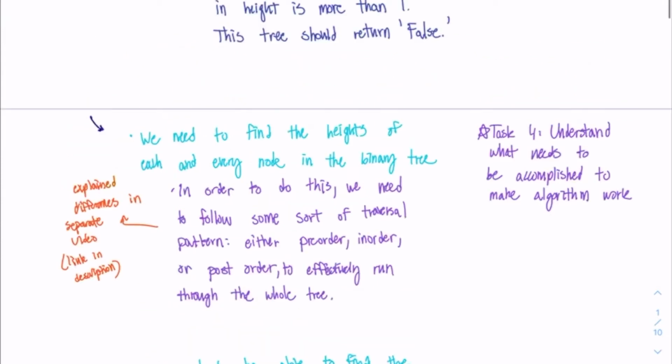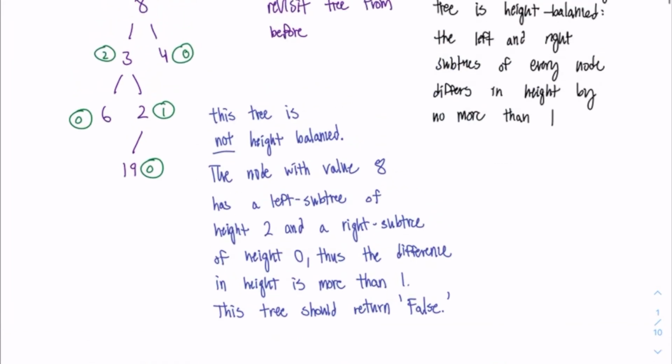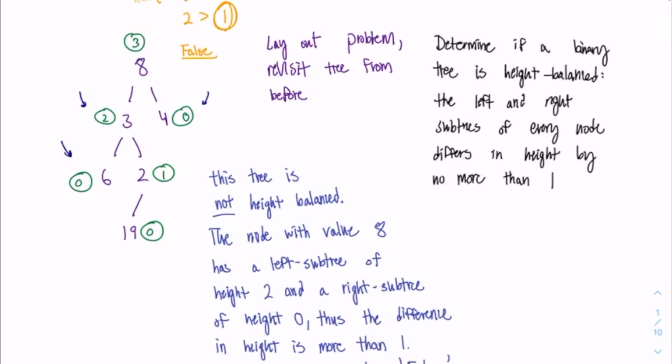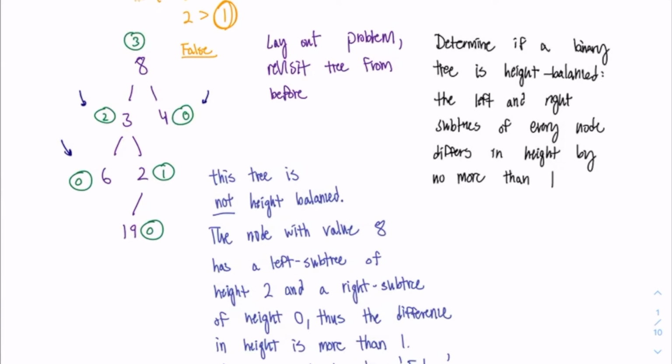This is important because in order to determine if a binary tree is true or false, we have to know that every child node, when compared to the other child node, always has an absolute difference of height not greater than 1. So in this situation, 2 and 0, 2 minus 0 is 2, and 2 is greater than 1, so we found that this binary tree is false.